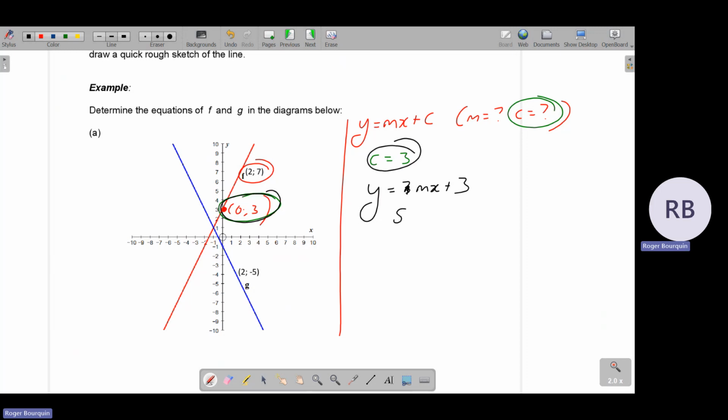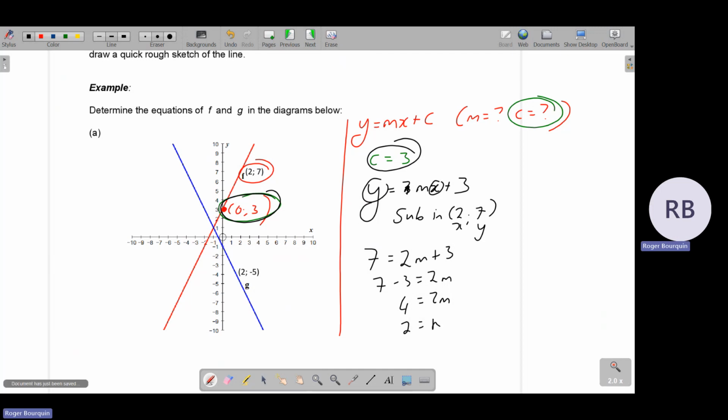So I could sub in (2, 7): x with 2, y with 7. If a point lies on the graph, you can sub it into the equation. I get 7 is equal to 2m plus 3. Move that 3 across: 7 minus 3 is 2m, so 4 is equal to 2m. Divided by 2, m is equal to 2, and the gradient should be positive, it's going left to right, up.